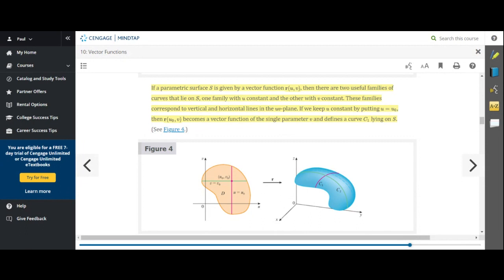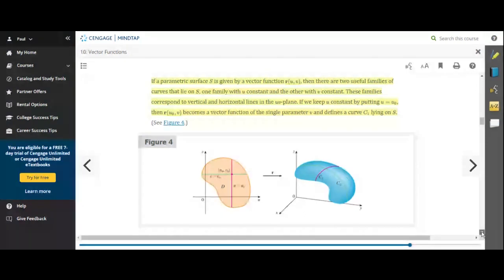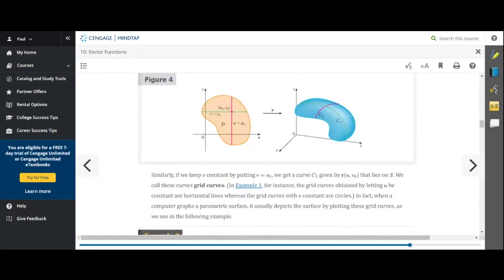These are called grid curves, by the way. They talk about it a little bit below the figure. We call the curves grid curves.